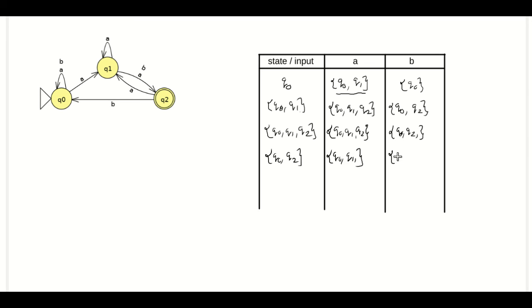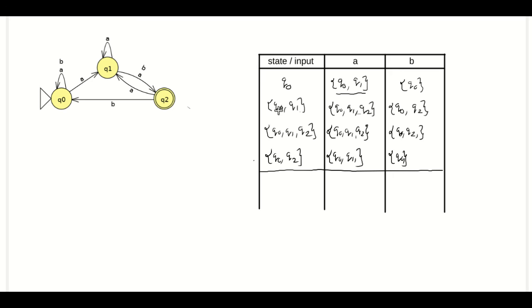Now Q0 on B is going to state Q0, and Q2 on B is going to state Q0, so there is no need to write Q0 again. So we have explored all the new states, and the conversion of NFA to DFA is completed.